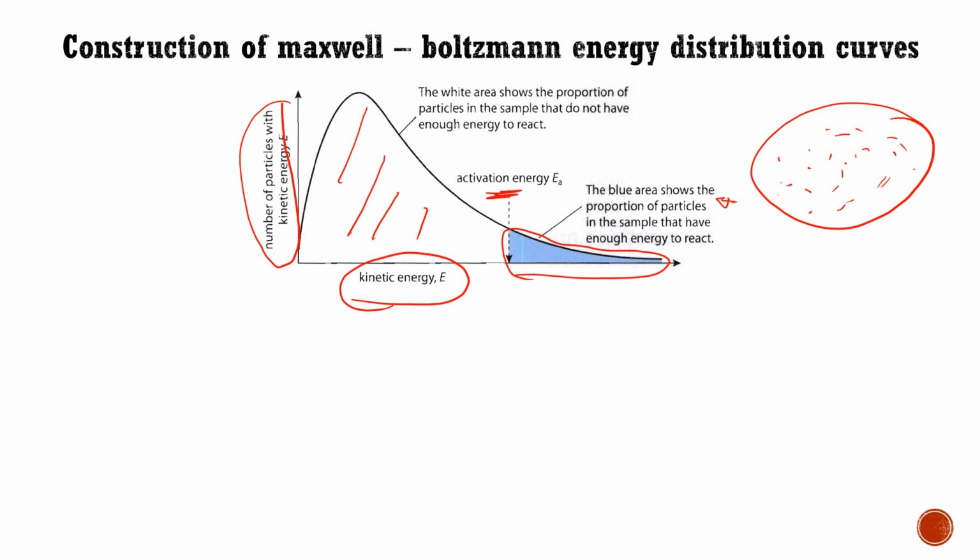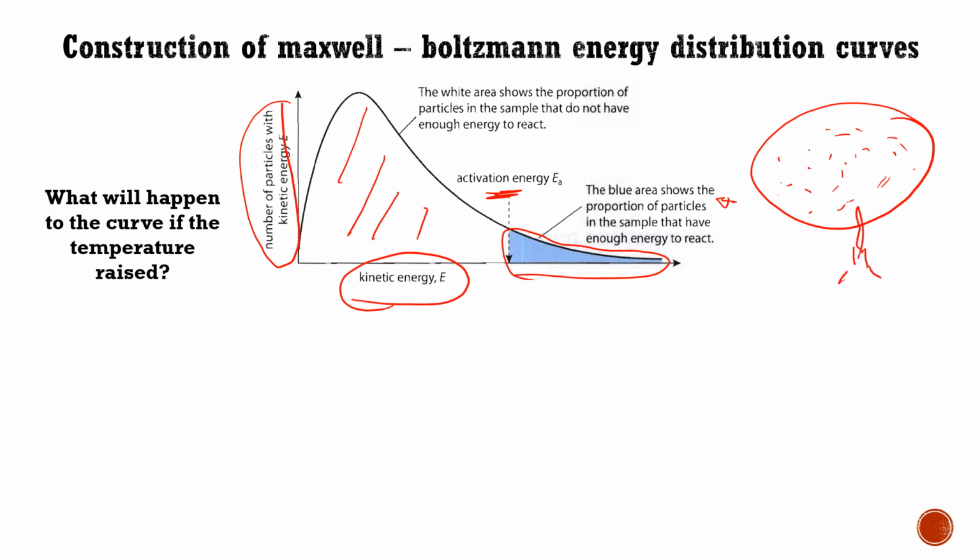Now, what will happen if you increase the temperature? What will happen if you have something that will increase the temperature of the system? What will happen to the particles? Of course, more particles will gain energy. So what will happen to this graph? More particles will move to this side.